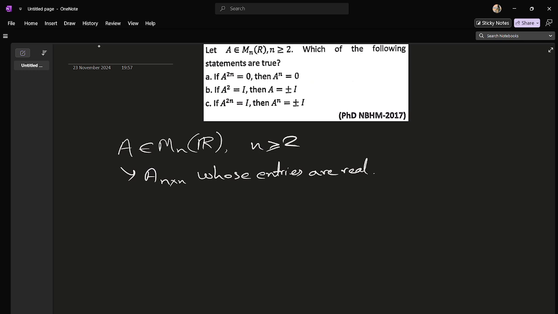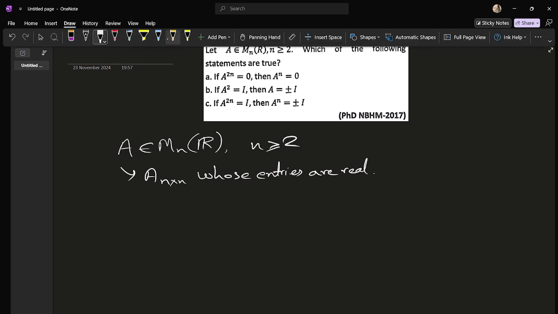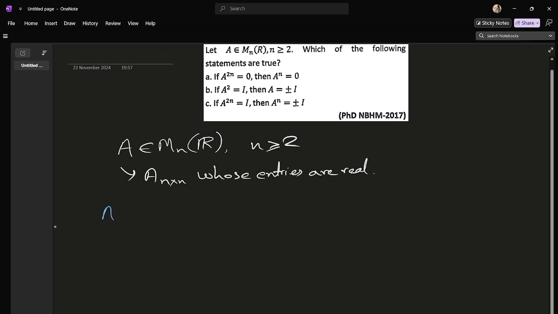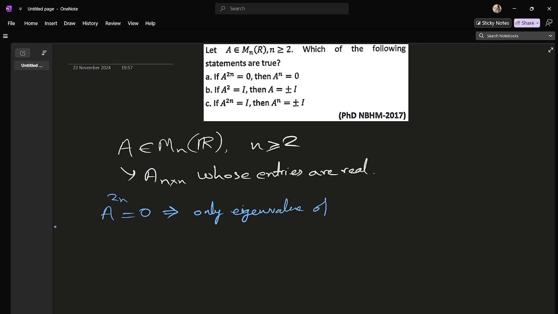Now A to the power 2n equal to 0 implies that the only eigenvalue of the matrix A is 0.